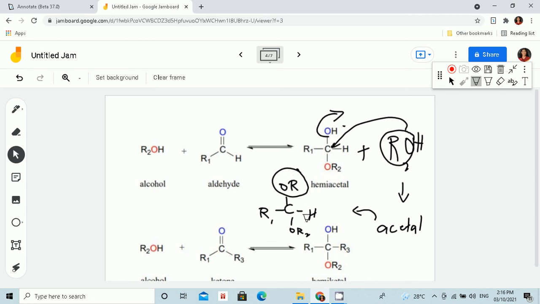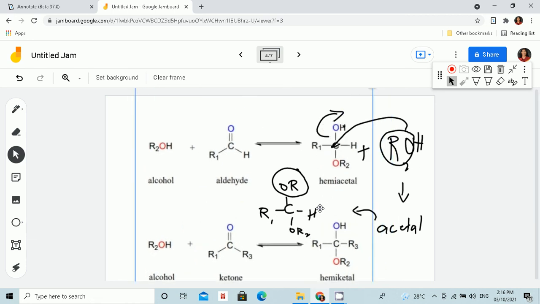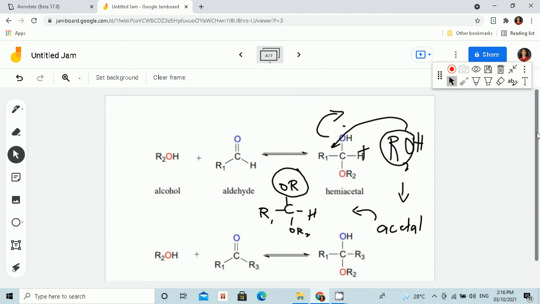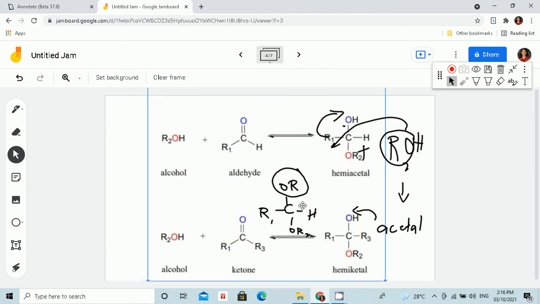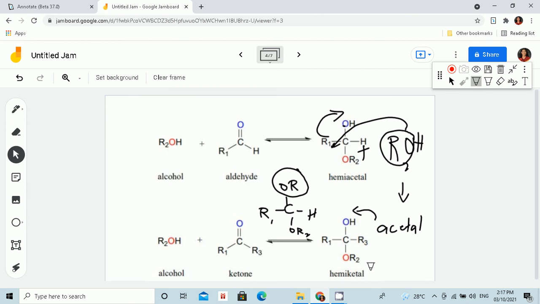Now, what if we have our ketal? If a hemiketal is attacked with an R2OH, the OH here also will be replaced with our OR, forming COR, and then R3, R1, OR2.